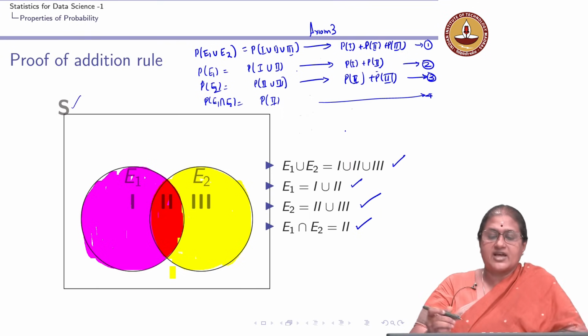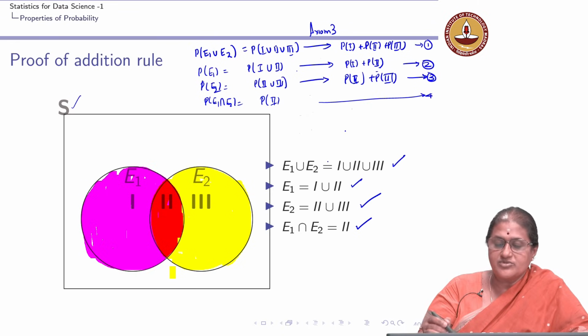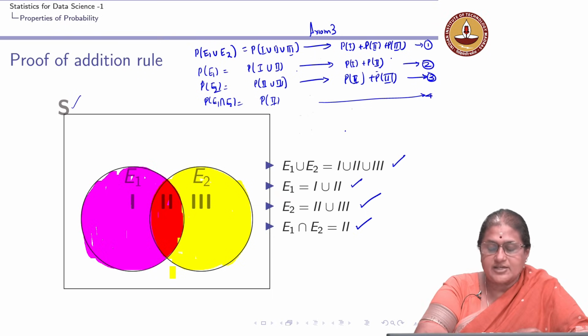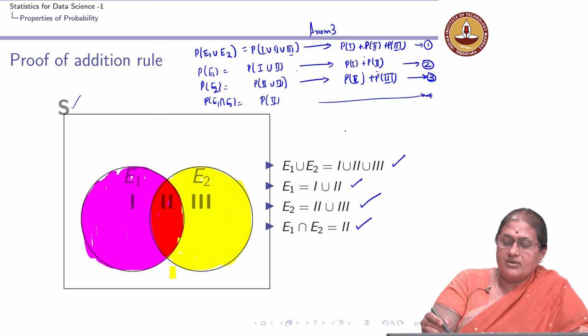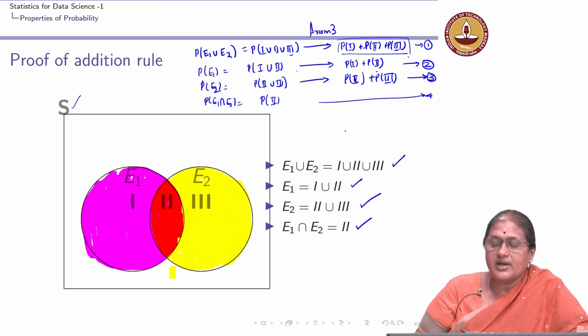In other words, I have just expressed probability of E1 union E2, probability of E1, probability of E2 and probability of E1 intersection E2 in terms of probability of 1, 2 and 3 by applying axiom 3. Now, let us re-express this probability in terms of E1, E2 and E1 intersection E2.